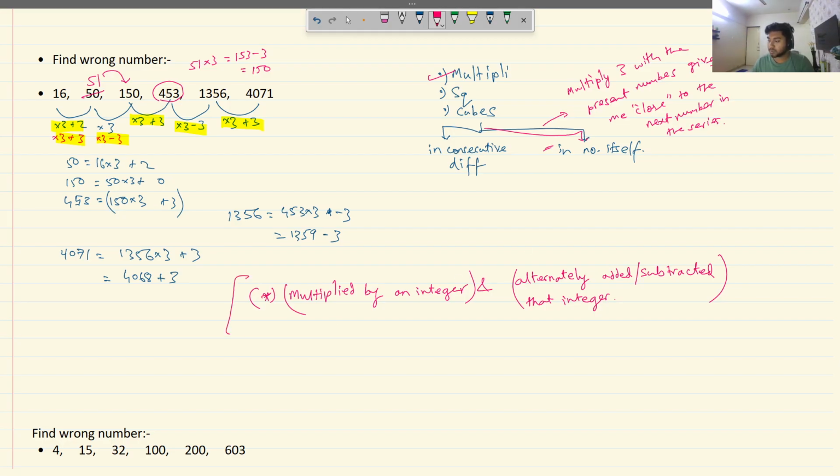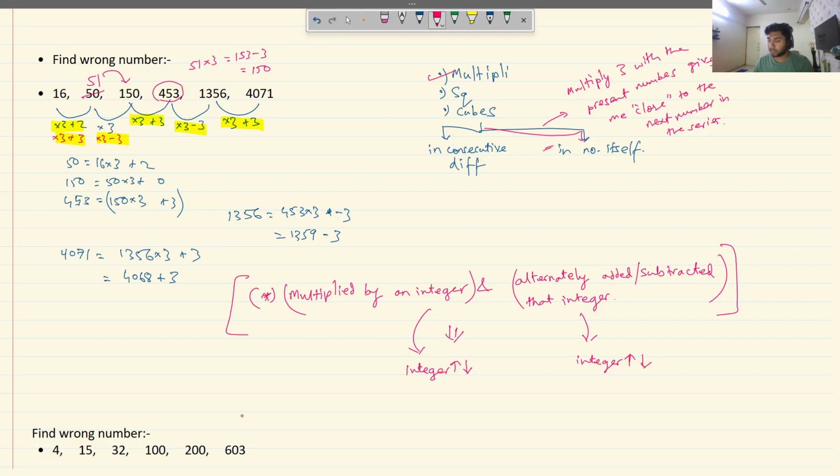So a more advanced version of this same logic would be where this integer keeps increasing or decreasing.